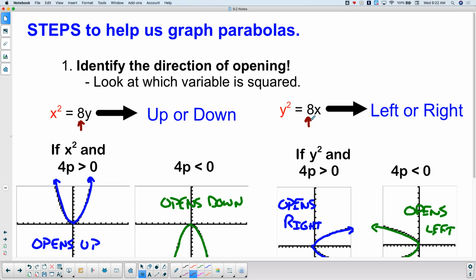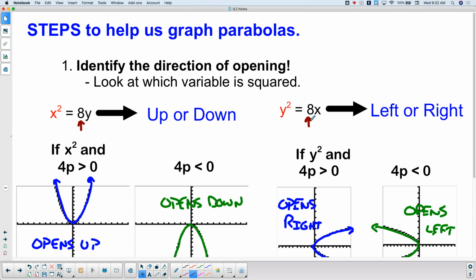If it's x squared and a negative coefficient on the y, it's going to open down. Left and right. Right is the positive direction. So if it's a positive non-squared coefficient, it's going to open to the right.